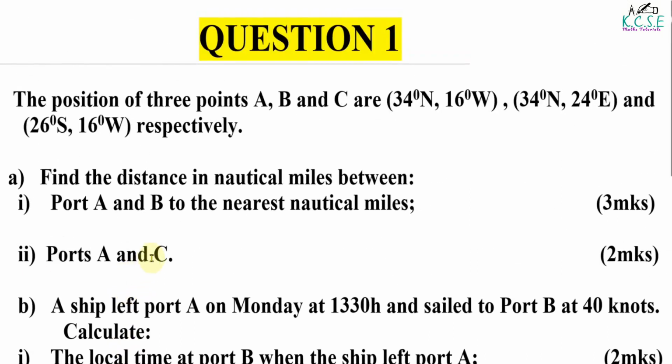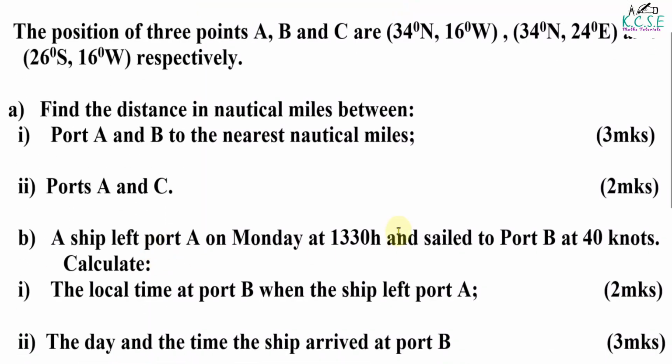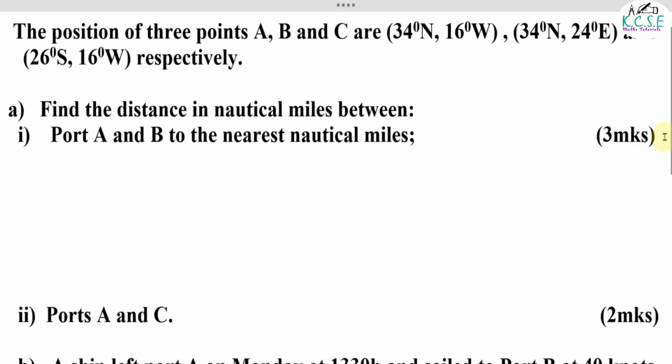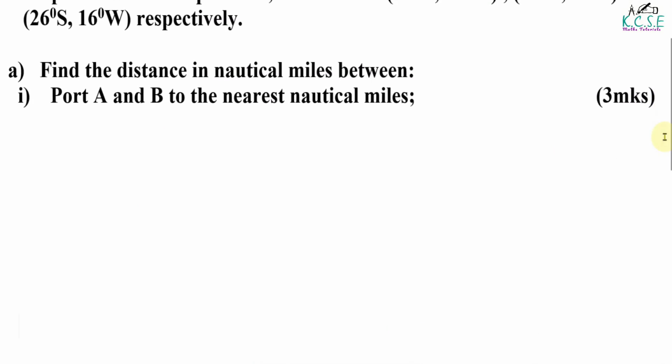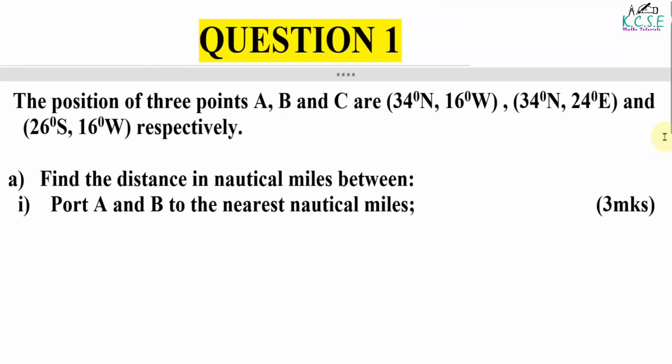Now let's go to the first part of the question. We're given these 3 positions and you're required to find the distance in nautical miles between port A and B to the nearest nautical mile.